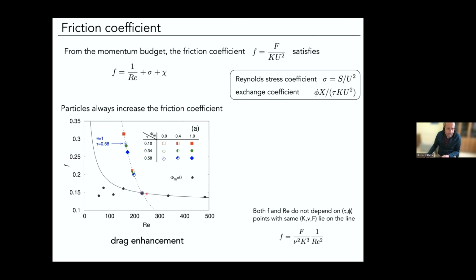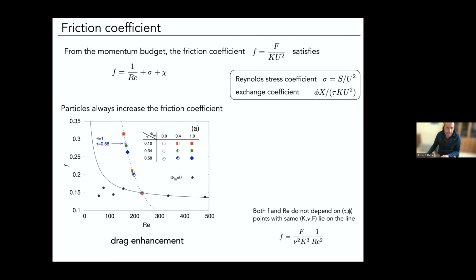Okay, let me stress one point, which seems curious. Both axes, F and Reynolds, do not depend explicitly on tau and phi in their definition.